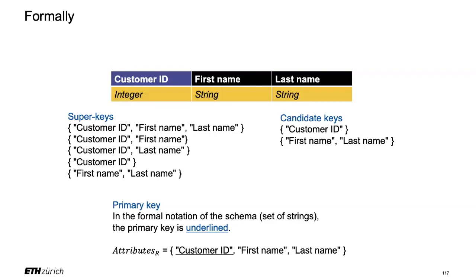But this is not what it's about. It's about set inclusion. The reason why first name and last name is also minimal is that if you remove first name, last name is not a superkey. If you remove last name, first name is not a superkey. So you might have several minimal superkeys, but they might have different numbers of attributes, and that's fine.